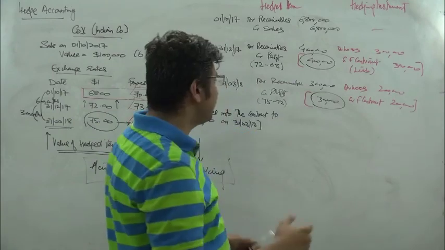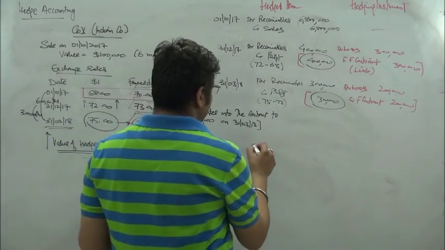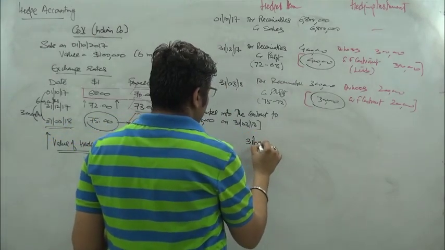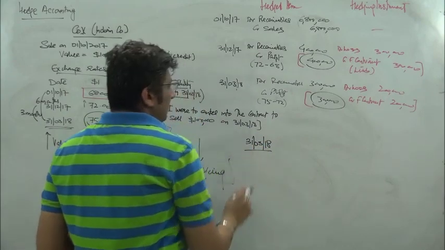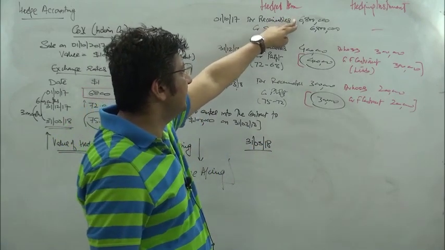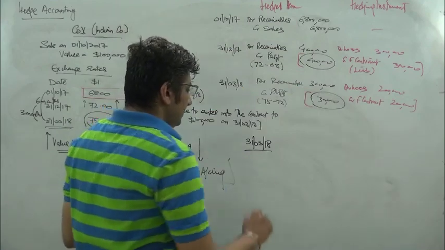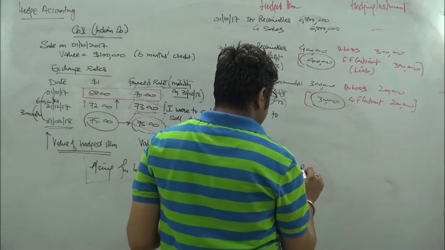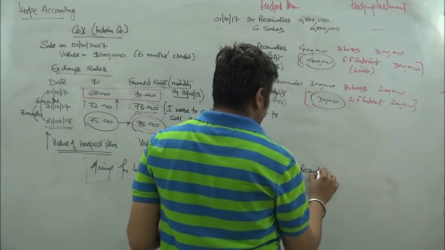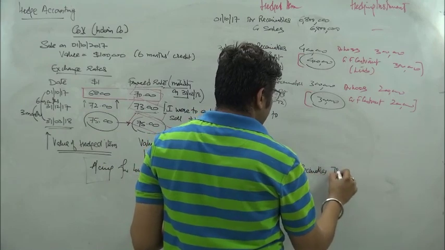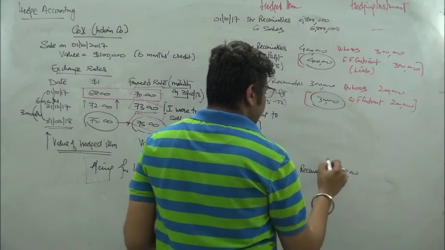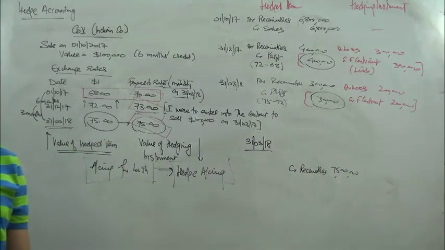Okay, how do I settle it? Of course, I would say on the same date, 31st of March 18, my receivables are standing at 68 plus 4 plus 3. So I would be settling my receivables at 7.5 million. Okay.